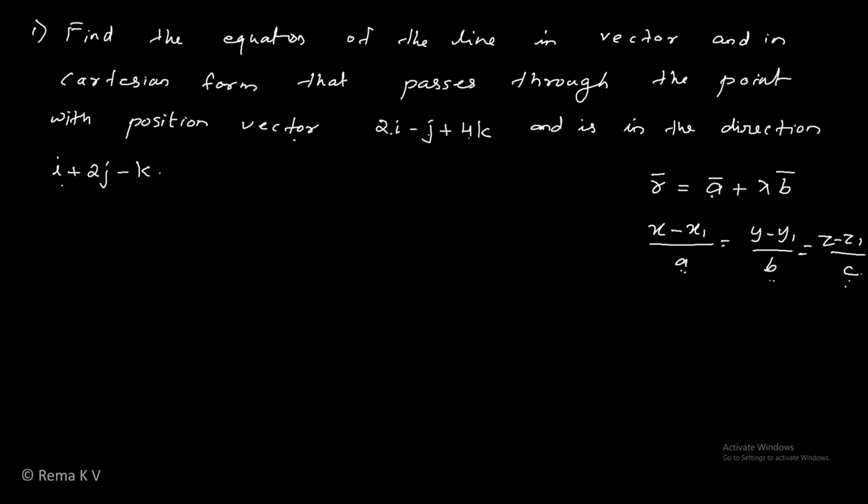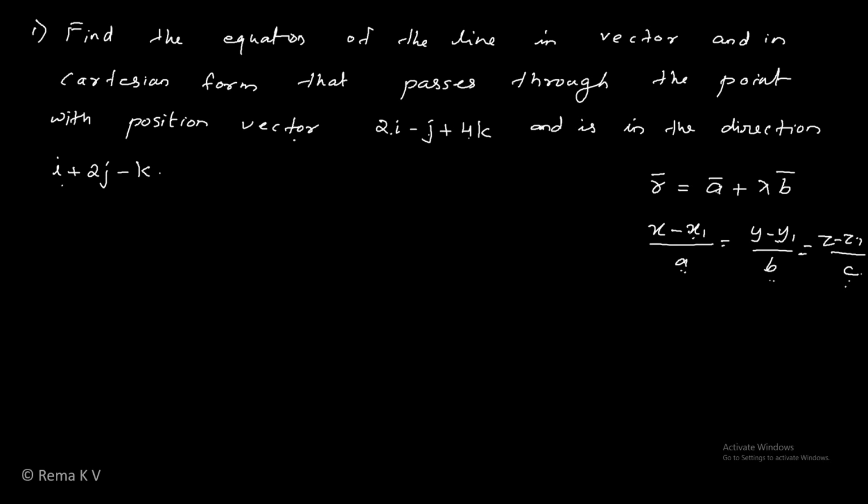Once again, vector a is the position vector of the point through which the line passes. To write the position vector of a point, the coordinates of the point are given here, x1, y1 and z1.